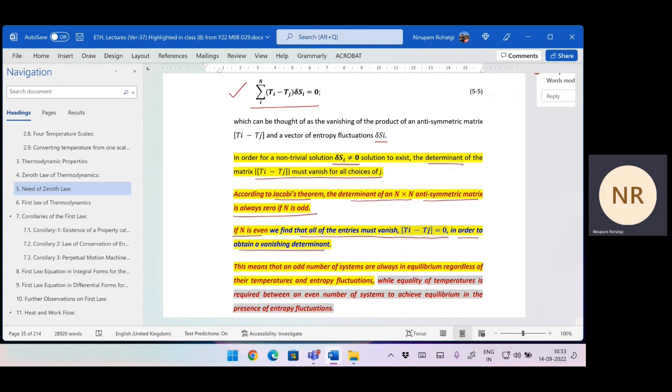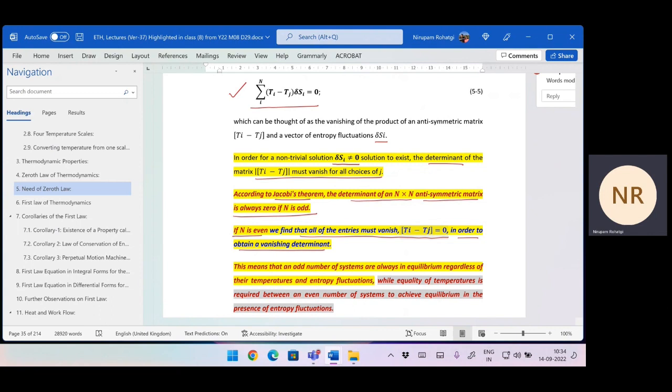So what is happening is, we are talking about this determinant. If it is an odd set, then whatever the values of Ti's and Tj's are, Tj is only one of them, fixed, but any one of the Ti's, then this will always be 0. But if it is an even matrix, then all the Ti's should be equal to Tj, which is the actual condition for thermal equilibrium.